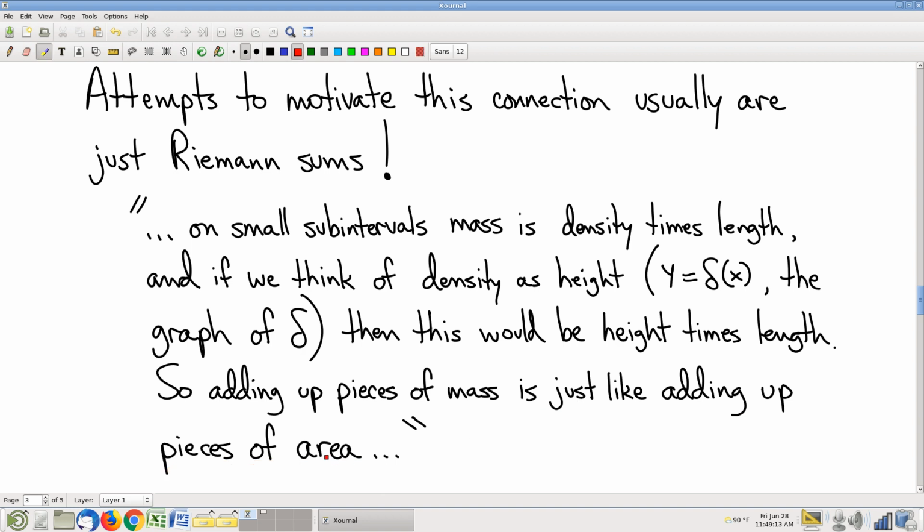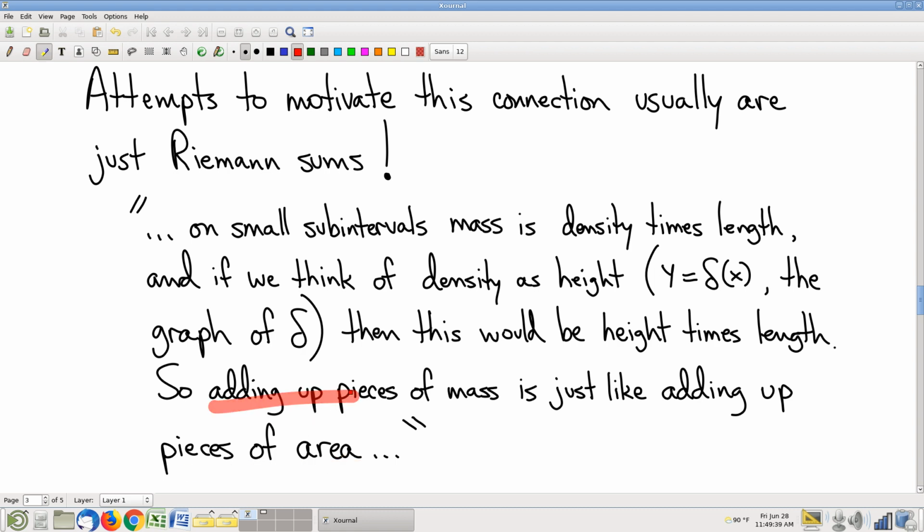And this is something that is presented to a lot of students, and the problem is it's pretty much just a sloppy discussion of a Riemann sum. Notice, just like with Riemann sums, we're cutting into subintervals. We're then adding up pieces of area.